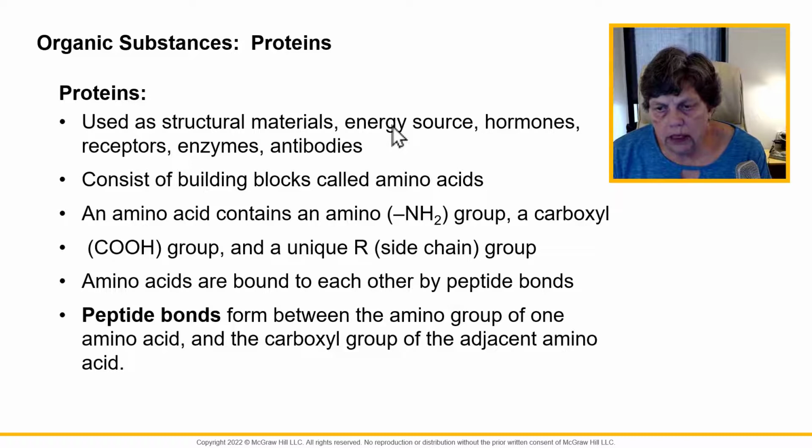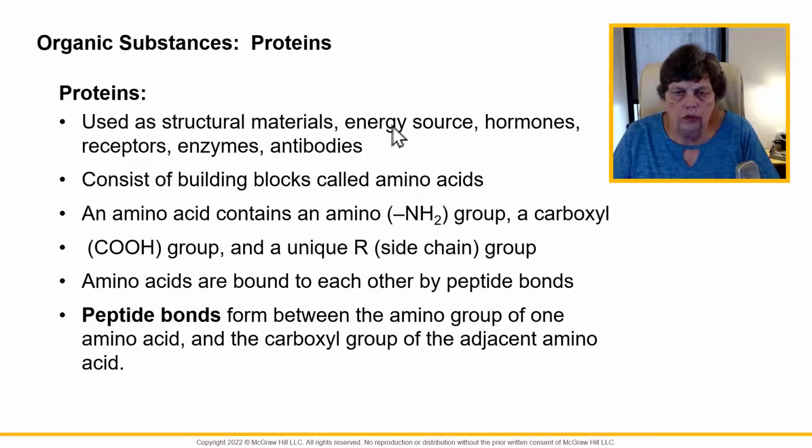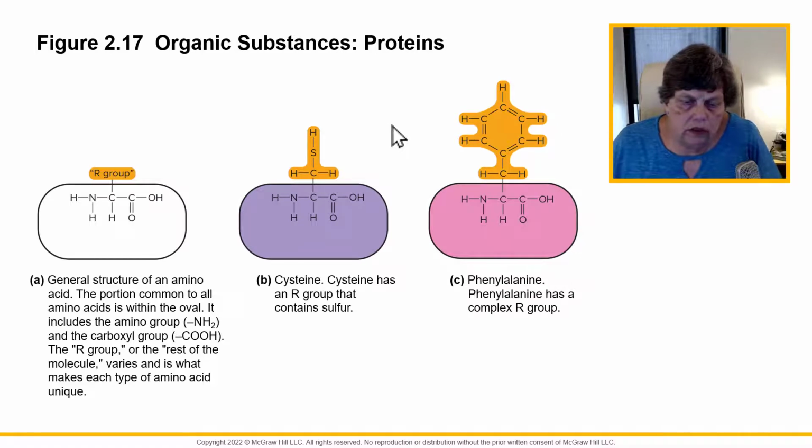Amino group on one end, NH2, and a carboxyl group on the other end, and then we have what's called a side chain, an R group. And that's what makes these amino acids different. They are bonded to each other by peptide bonds, but you can take a look at this. So here's our amino acid. This is the structure of an amino acid.